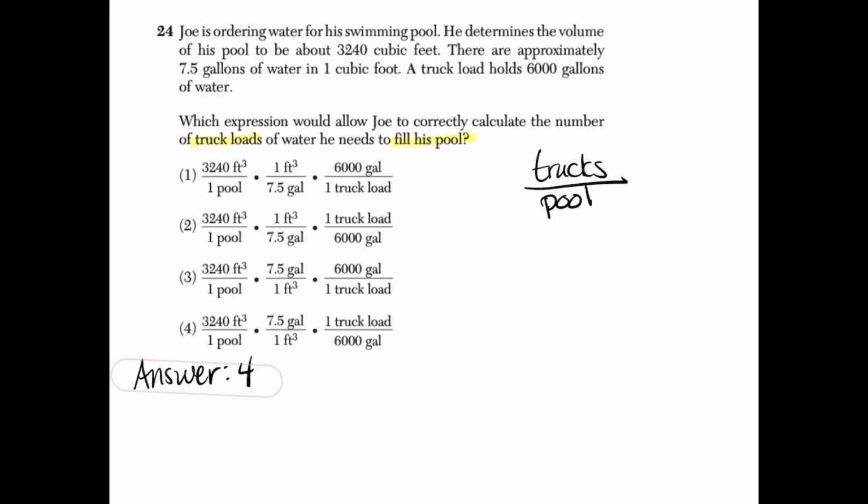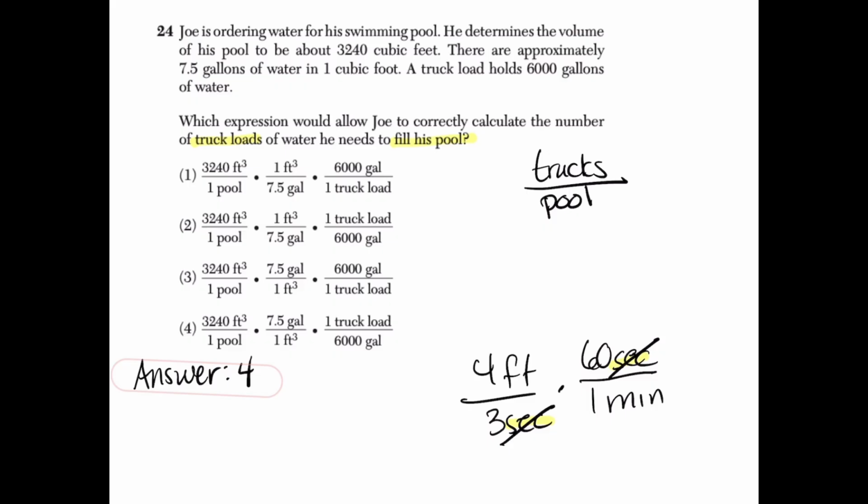So now you can start canceling out with your dimensional analysis. What I mean by that is if you see the same unit in the numerator and denominator, we can cancel them out together. So if I had something like 4 feet in 3 seconds, and then something like 360 seconds per 1 minute, because I see seconds in the numerator and denominator, these would cancel out.